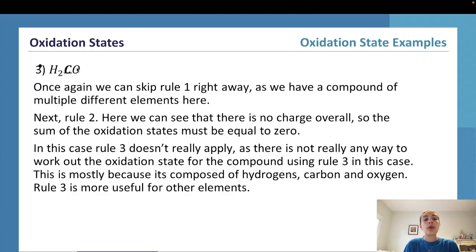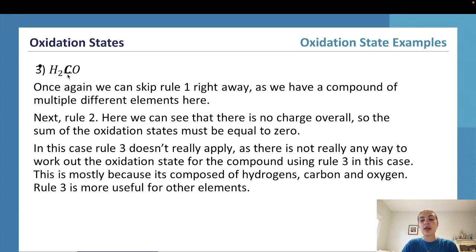We know from rule 6 that oxygen has a charge of -2. So we can say -2 +2, that evens us out to 0 already. And so there's no charge overall in this entire compound. So if we've already got to 0 and we haven't actually factored in the carbon yet, that means we need to say that the carbon actually has an oxidation state of 0.